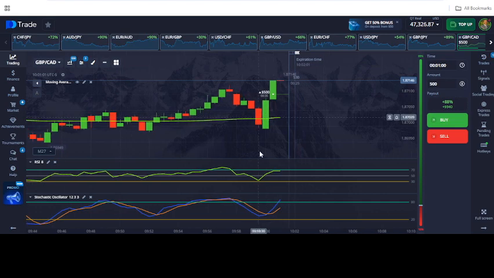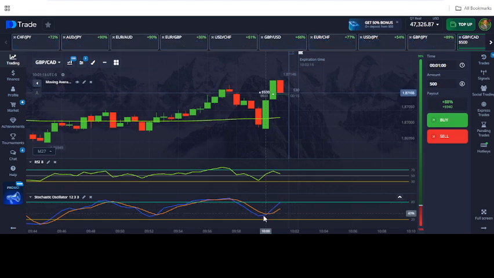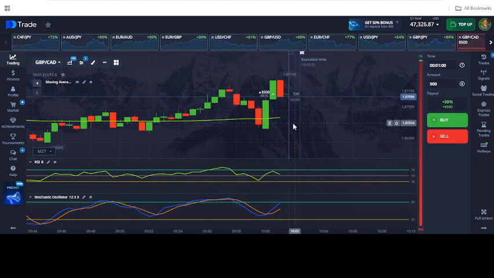Second of all, the green RSI line crossed above the 50 line in an upward direction. And third, the K period line crosses above the orange D period line in an upward direction. So let's monitor this trade and wait for the expiration.